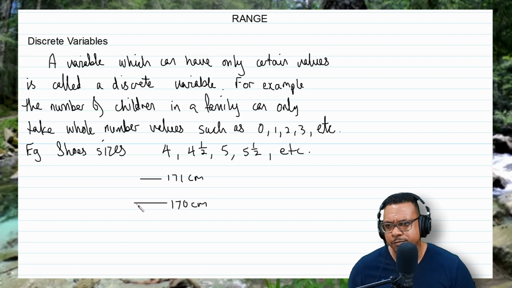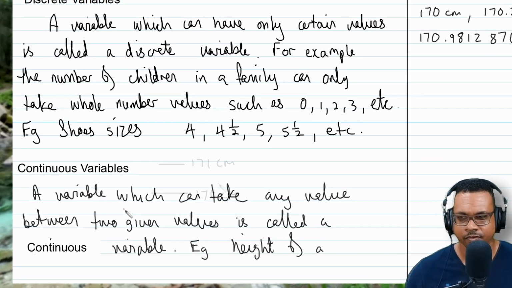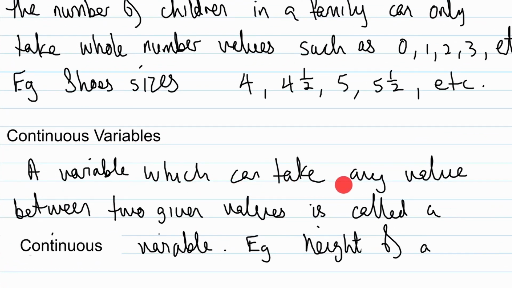And that is the difference between a discrete variable and a continuous variable. The discrete variable can only take certain values, whereas the continuous variable can take any value between two points, and it's unlimited. A variable which can take any value between two given values is called a continuous variable.